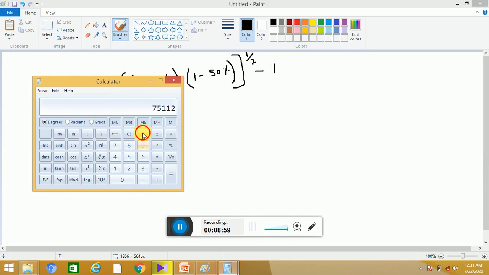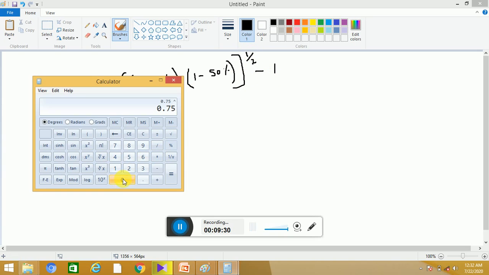So see, 1 plus 50 means 1.50, multiplied by 1 minus 50, so 0.50. So we got 0.75. This is raised to the power 1 divided by 2.